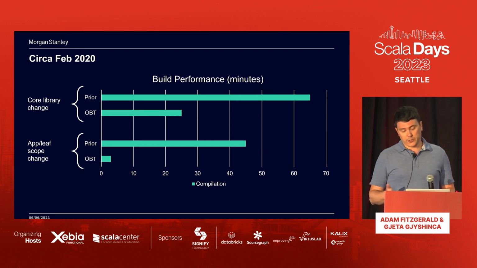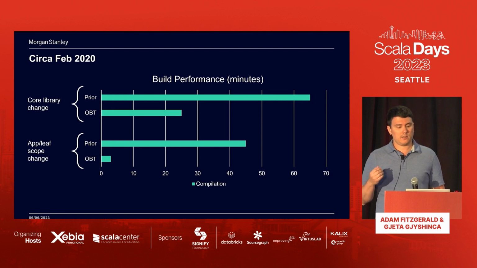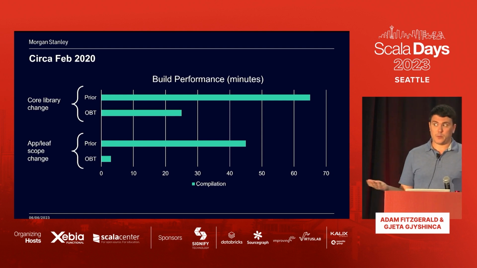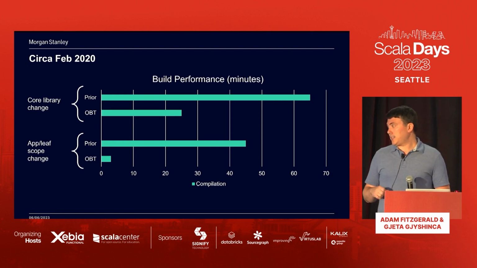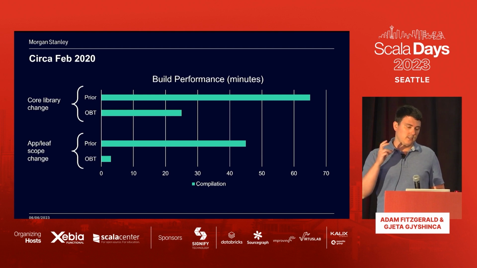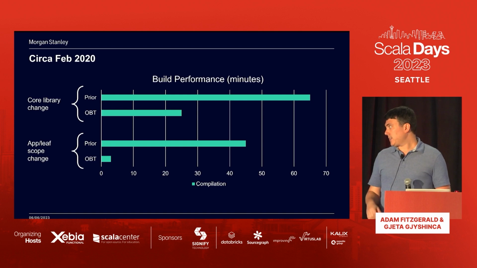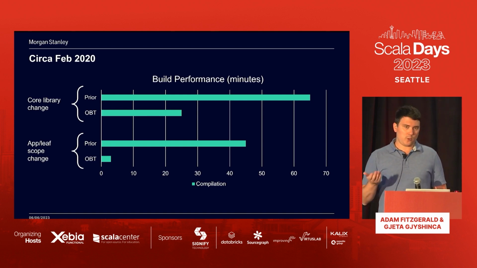We saw a pretty substantial decrease in build time. That's primarily due to pipelining. And then for changes in leaf projects that don't invalidate much of the computation graph, we benefit from both caching and pipelining and have a pretty dramatic benefit on the order of a couple of minutes.